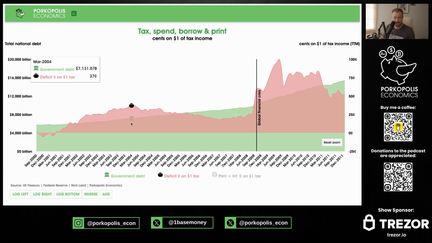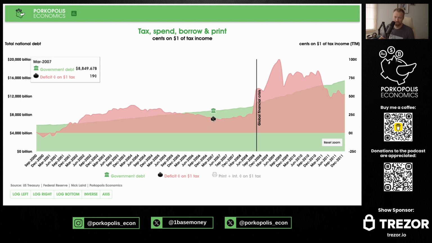We deficit spent, again, back up to this 30 cents on the dollar, Iraq war, Afghanistan war, a lot of spending here. So every dollar in taxes, the government would spend $1.30 or 30 cents over budget. Deficit spending, not a problem. Why don't we just spend and borrow to pay for our expenses?